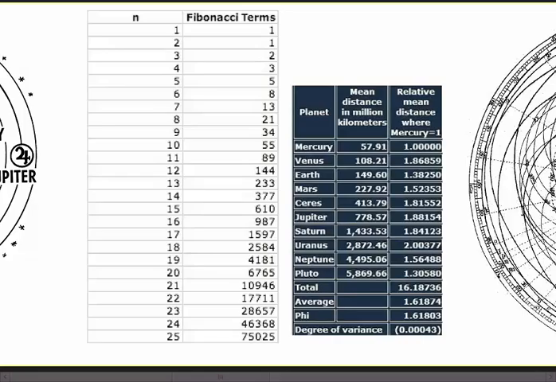Then you get to Jupiter, which is 778, which would be somewhere between 15 and 16, if you equate it with the 610. Then you go to Saturn at 1400, which would be equivalent to 1597. There is a missing orbit between Jupiter and Saturn where a planet should be, but there isn't one.